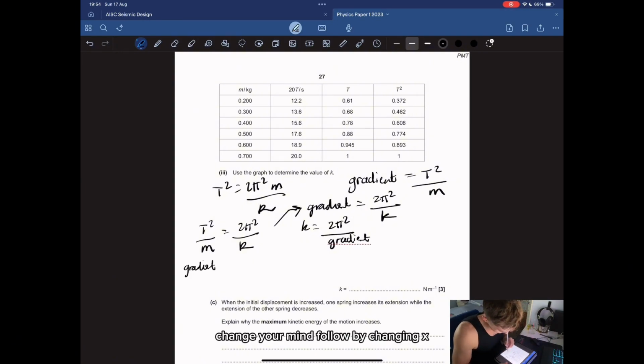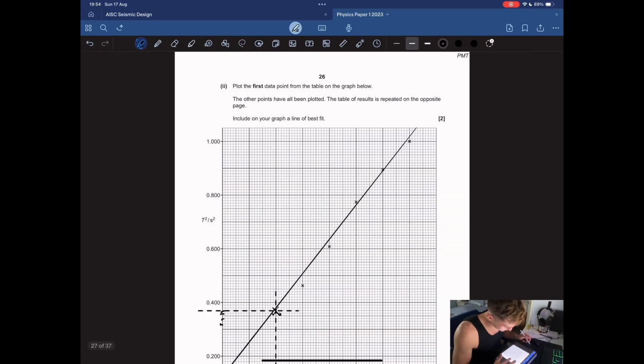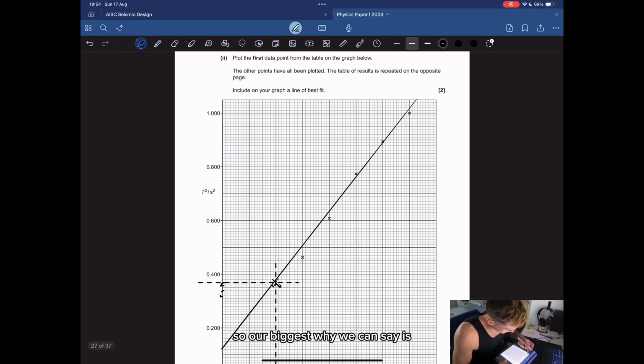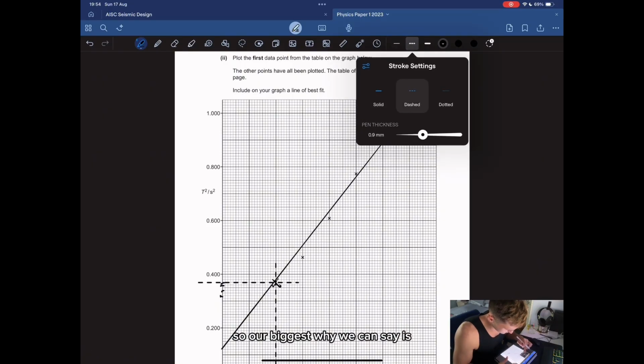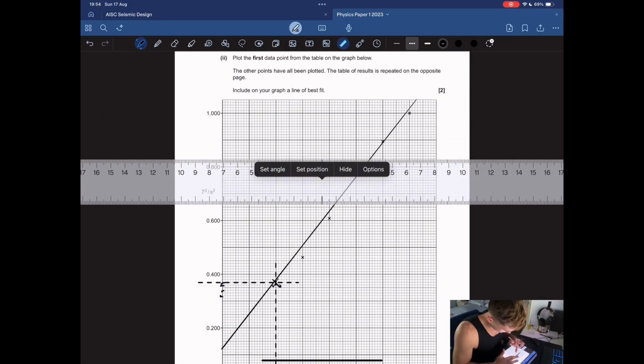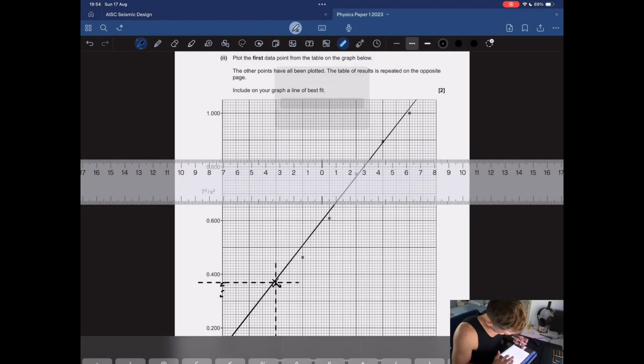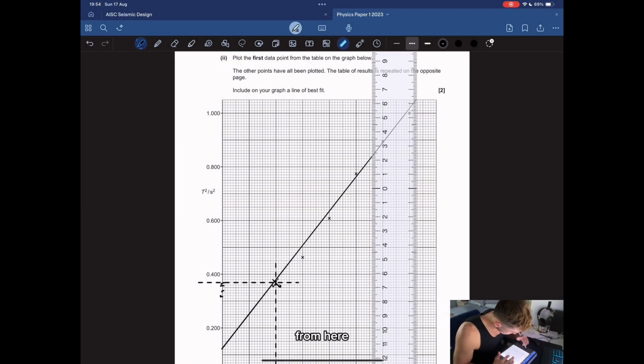It's change in y divided by change in x. Our biggest y we can say is from here.